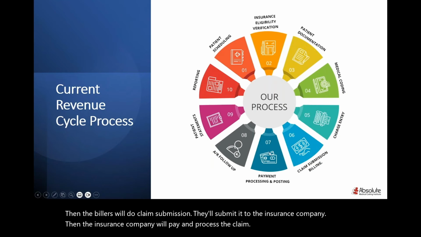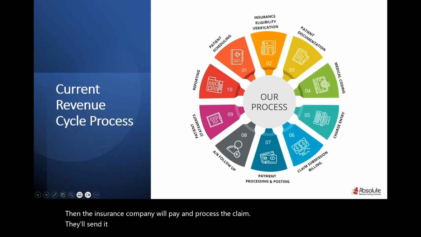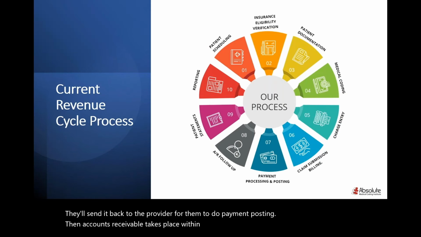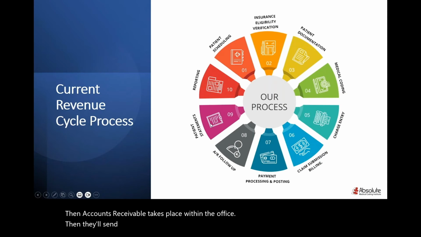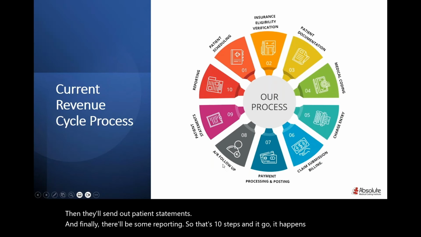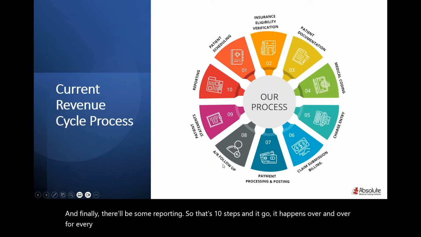They'll send it back to the provider for them to do payment posting. Then accounts receivable takes place within the office. Then they'll send out patient statements. And finally, there'll be some reporting. So that's 10 steps, and it happens over and over for every single patient. And we call this the revenue cycle process.